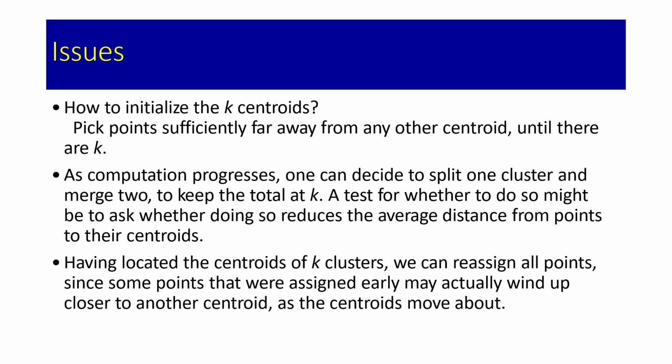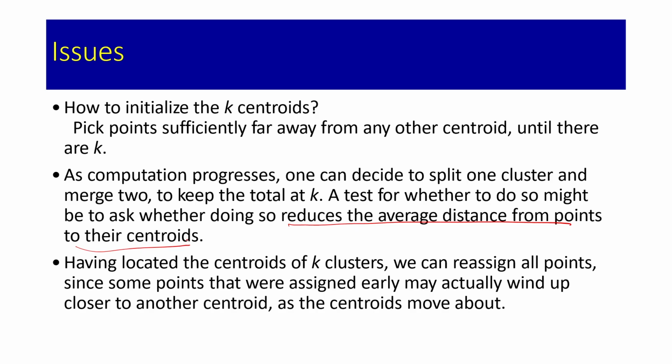As the computation progresses, one can decide to split one cluster and merge 2, so the total number remains k. A test for whether to do so can be to ask whether doing so reduces the average distance from the points to the class centroids. This is one of the tests. You can actually calculate the average distance from the points to the centroids.